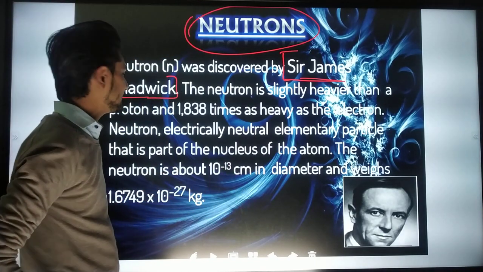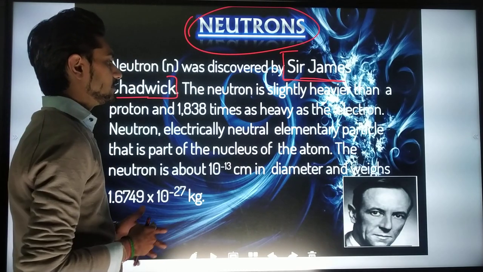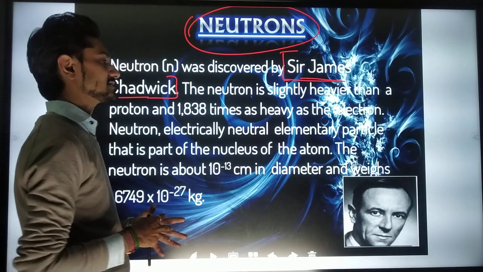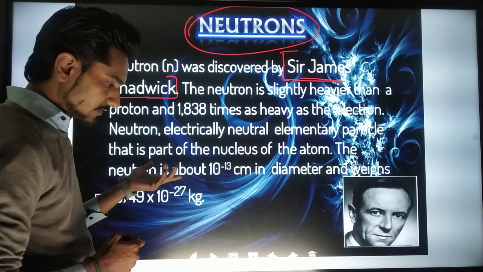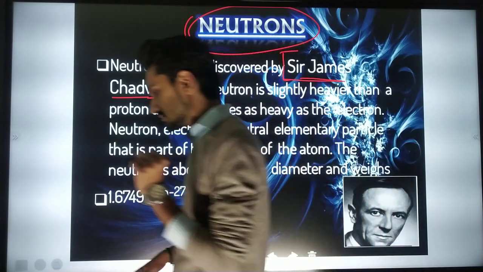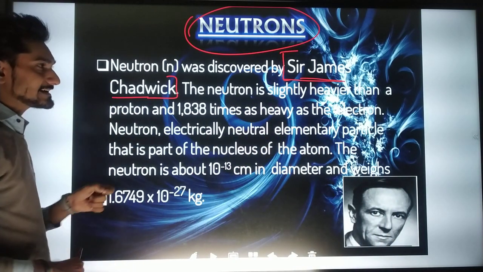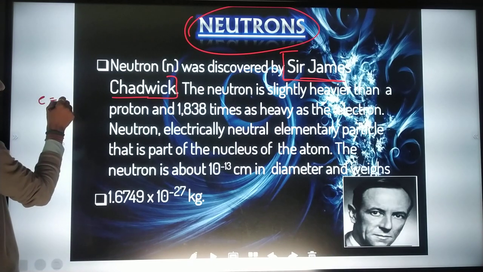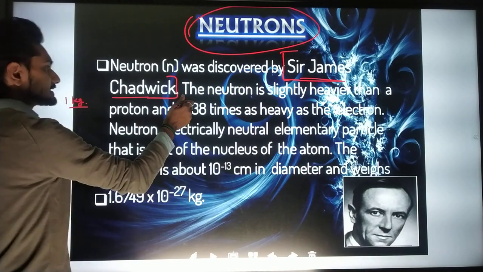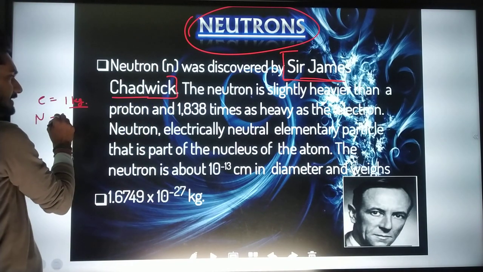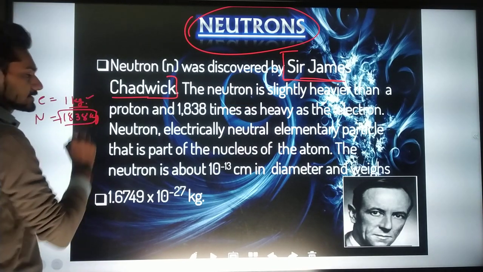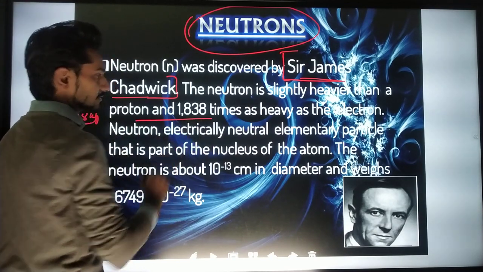The neutron is slightly heavier than a proton and 1838 times as heavy as an electron. You can imagine that if an electron has 1 kilogram of mass, then the neutron is automatically 1838 kilograms of mass.